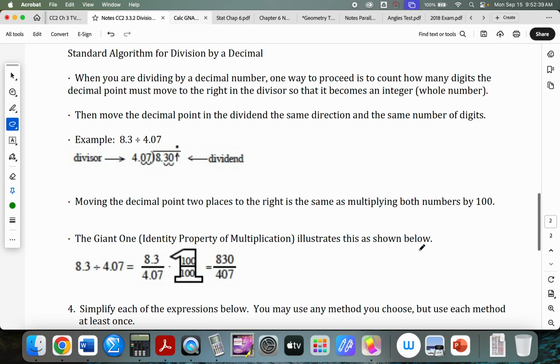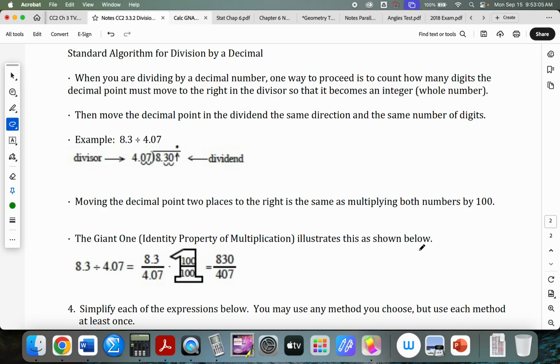Now, let's turn that over onto the back, please. And let's look at the standard algorithm for division by a decimal. When you're dividing by a decimal number, one way to do this is to count how many digits the decimal point must be moved to the right in the divisor so that it becomes an integer, that is a whole number.